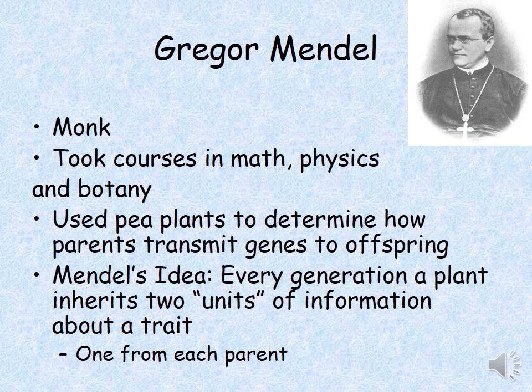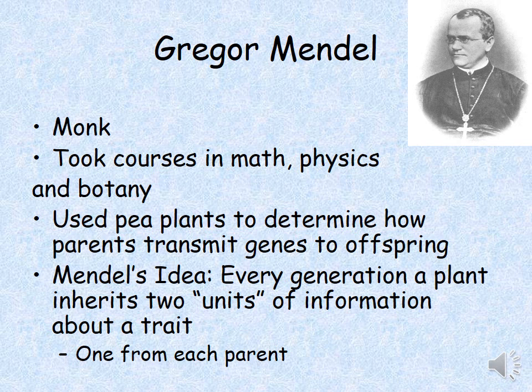Now, the father of genetics is credited to Gregor Mendel. He did not know what DNA was. I'm not sure if he knew that the actual molecule existed, but even if he did, he had no idea that the sequencing of DNA that we've learned about for the last couple labs had to do with creating genes and creating proteins.